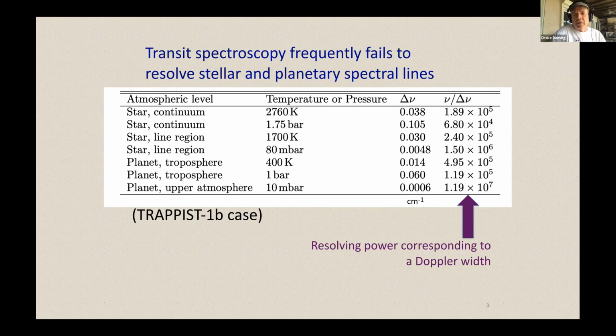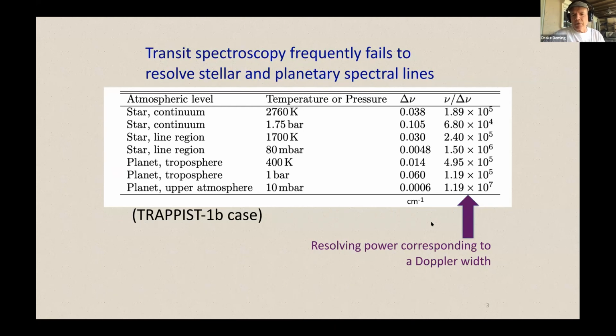This table shows the Doppler width in inverse centimeters, in wave numbers, for various positions in the atmosphere of the star or the planet, in the case of the TRAPPIST-1b system. And the rightmost column shows the spectral resolving power that corresponds to that Doppler width.